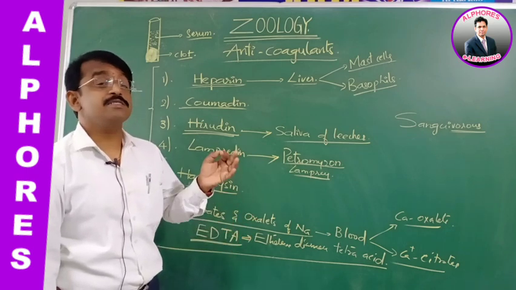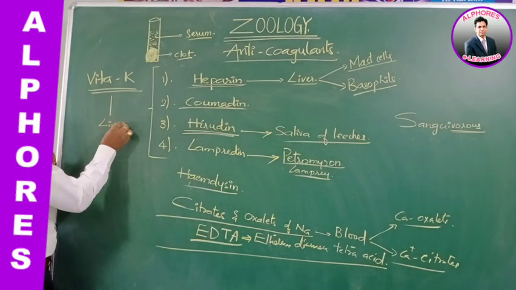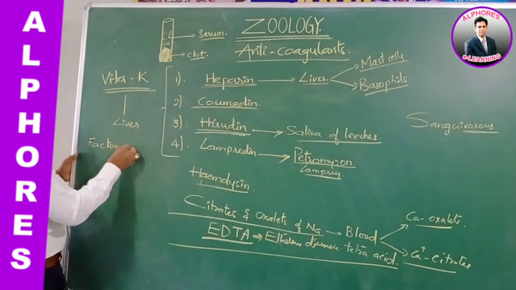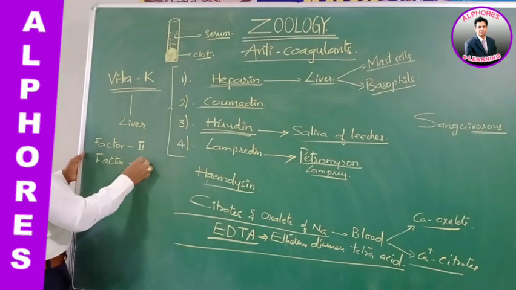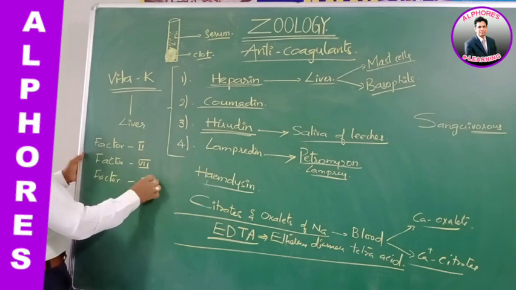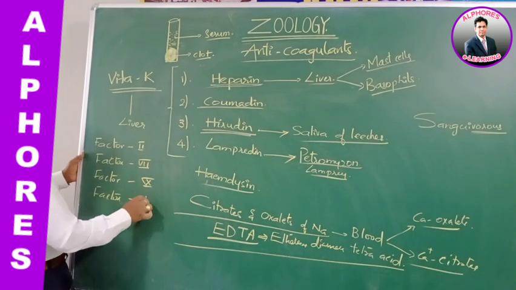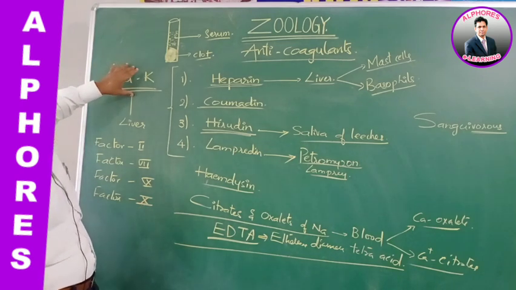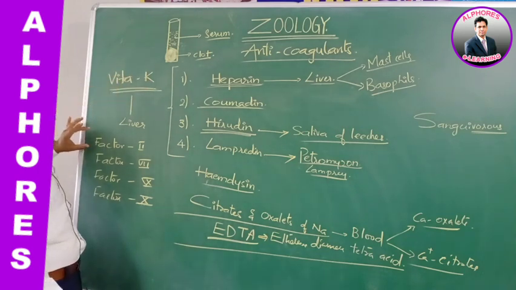It has an indirect role, that is, it stimulates the liver to synthesize factor 2, factor 7, factor 9, factor 10. So vitamin K is a coagulant vitamin which stimulates the liver to synthesize factor 2.